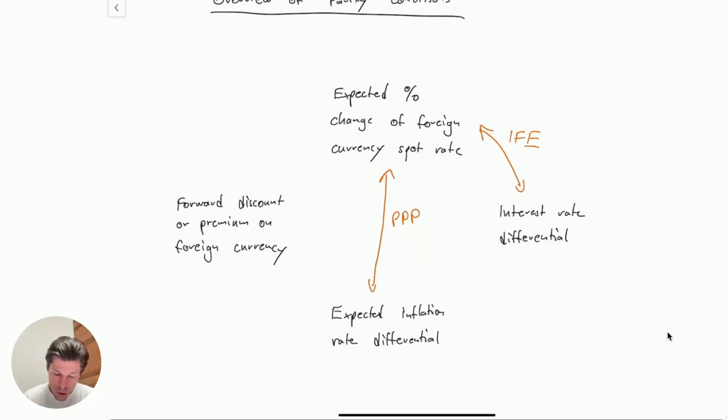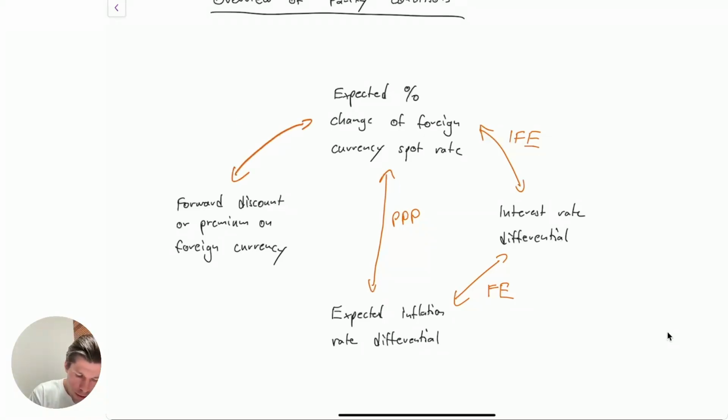The combination between interest rate and expected inflation is covered by Fisher effect, which basically says if we experience inflation in one country, the nominal interest rate should adjust for it. So it will have an impact on interest rate and then will have an impact on our exchange rate.